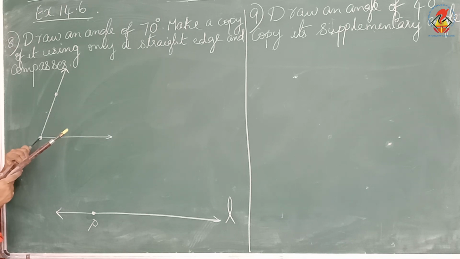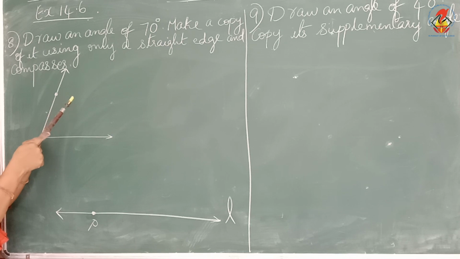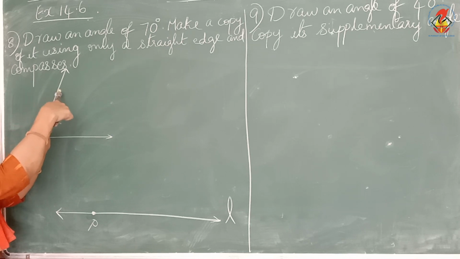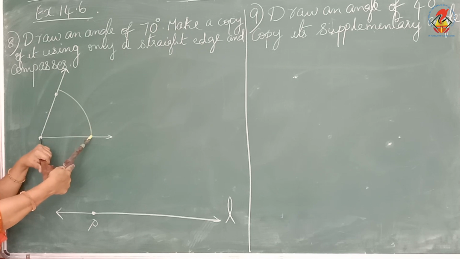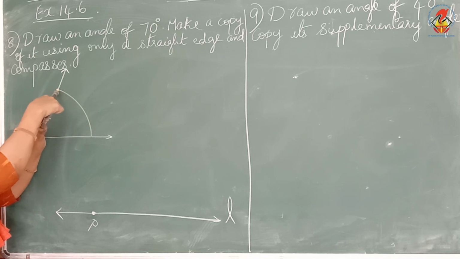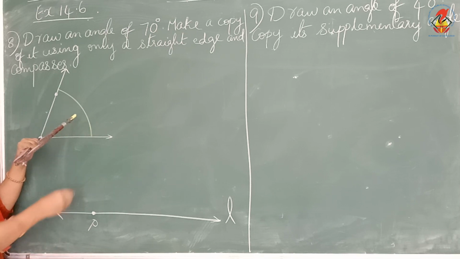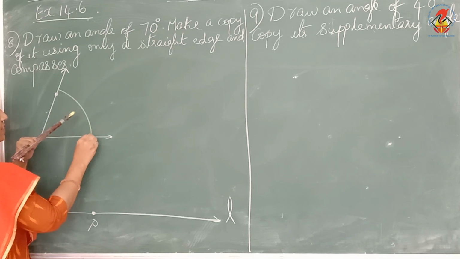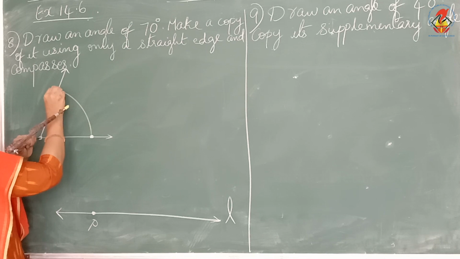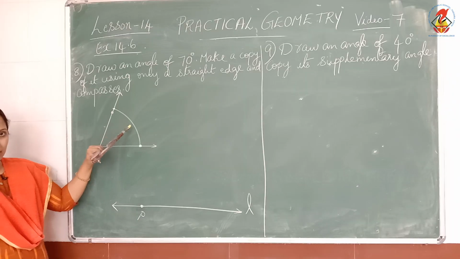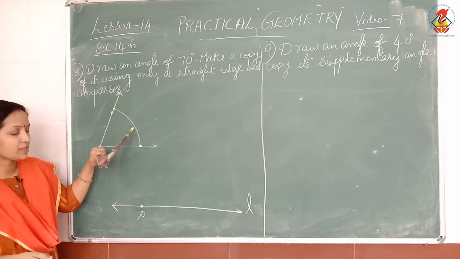Place the pointer of the compass here at this vertex point with any convenient radius. With any measure you draw one arc which intersects these two rays at 2 points. So we need a copy of this particular angle.